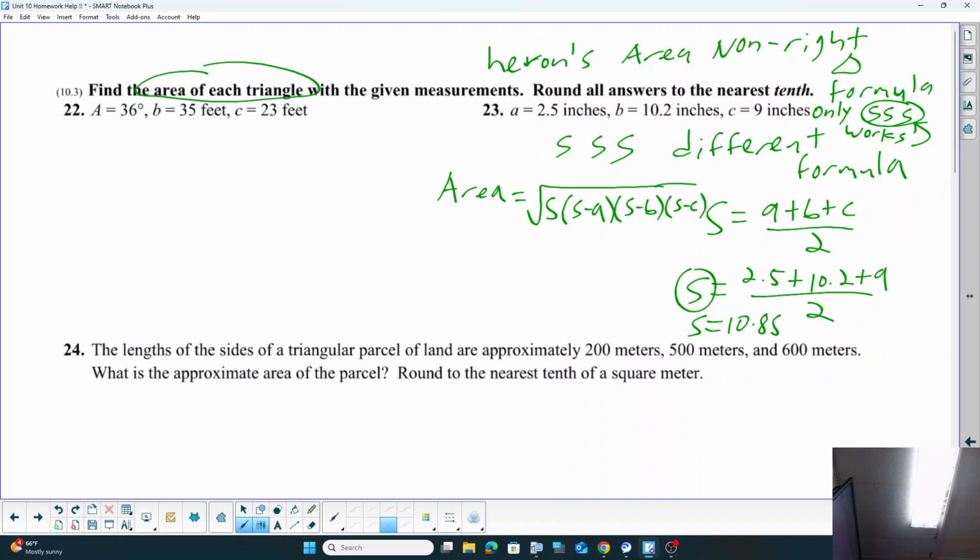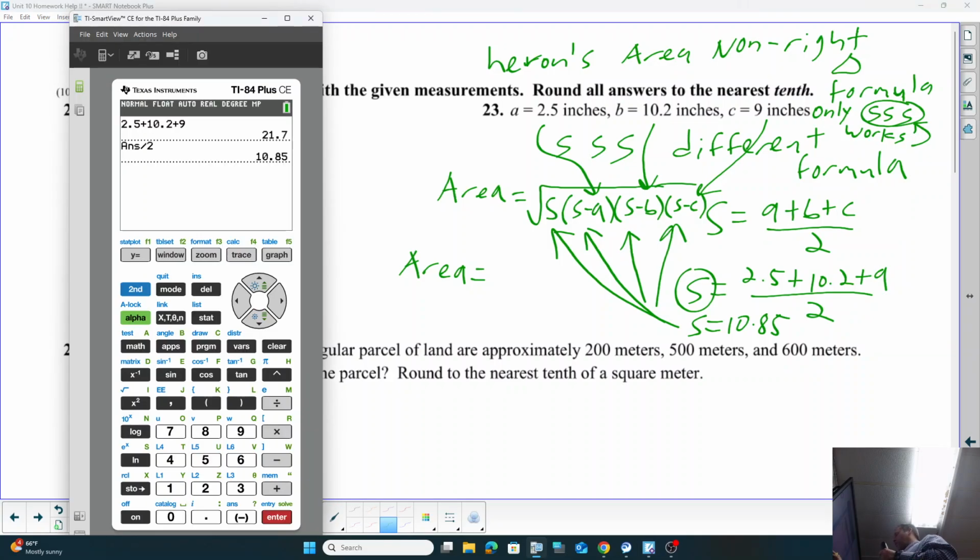Now we plug that into our formula, and each of these into our formula. We plug each of those numbers in, and we also plug in all the s's. This is a weird way to do it, but let's give it a try. So area equals, it's just mostly calculator now.